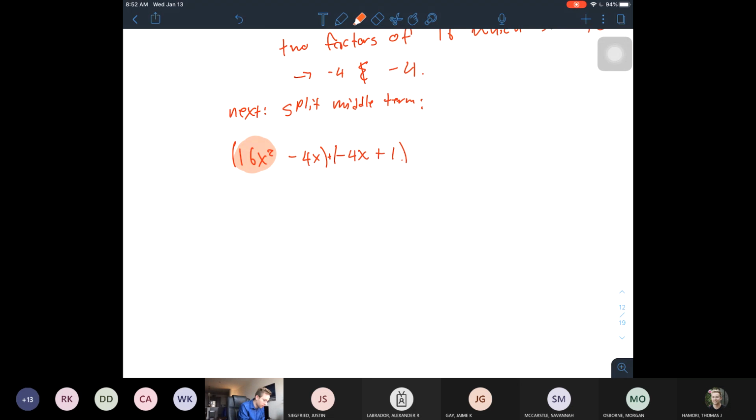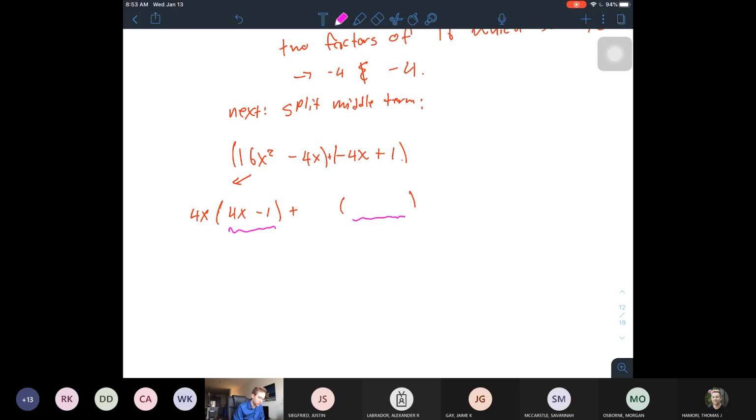So what we're going to do now is try to match up the inside of these two terms here. Okay, so I'm going to pull out from here a 4x. And inside I'll have 4x minus 1 left over. And then I will add, and I want this next term to look just like my original term here.